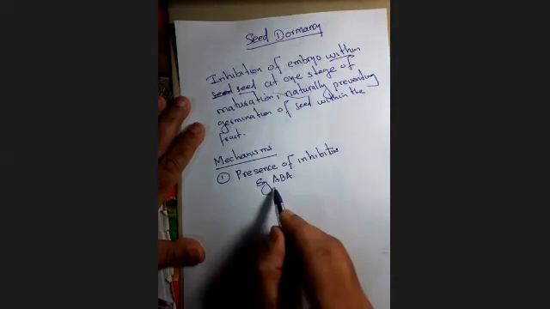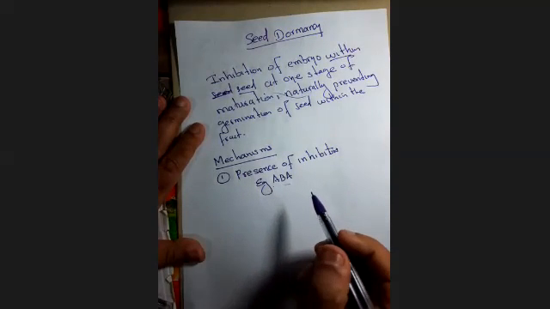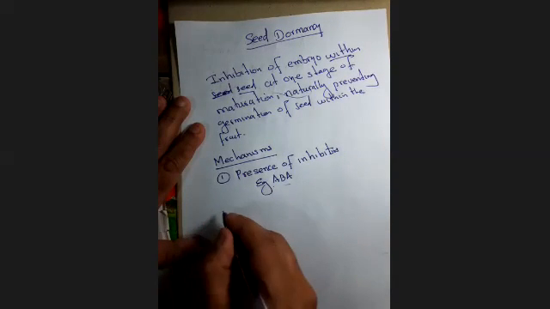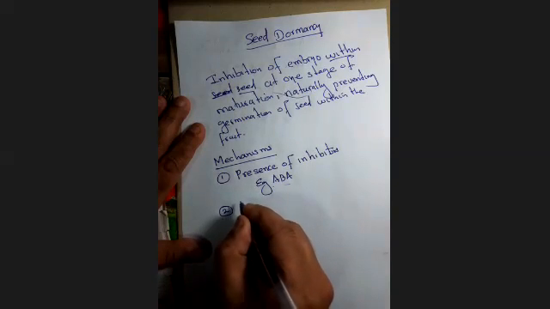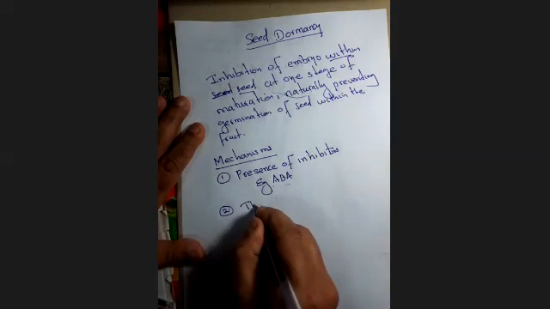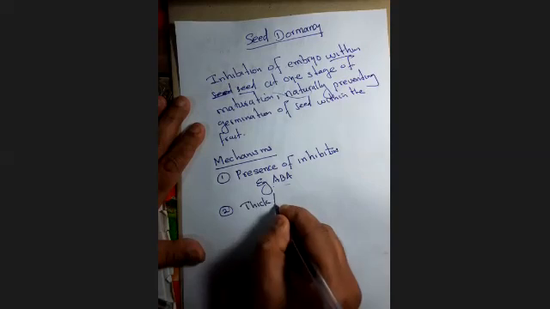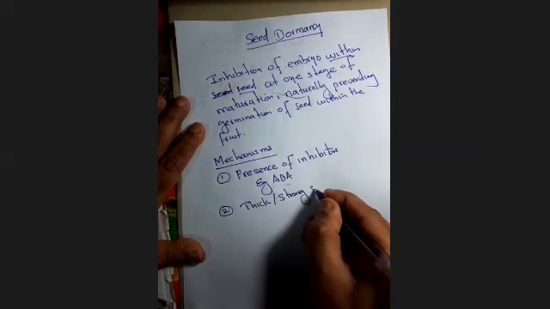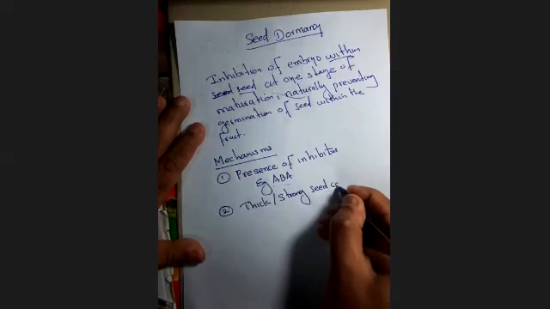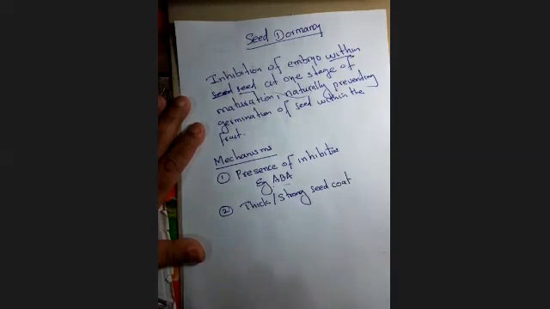When this growth substance is present, it will not germinate. That is one way. Second, thick or strong seed coat, so the embryo cannot break and come out.